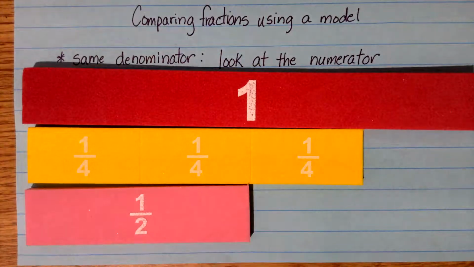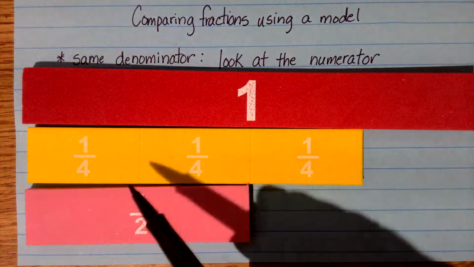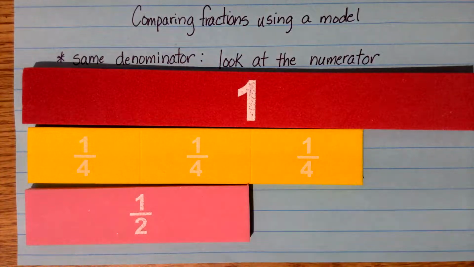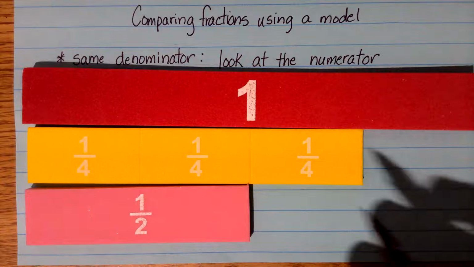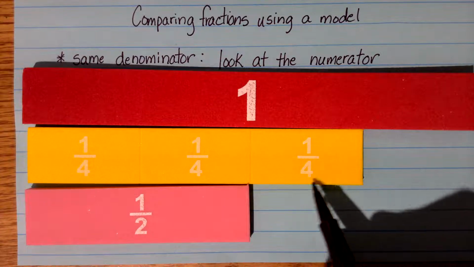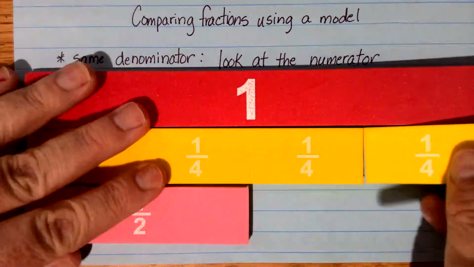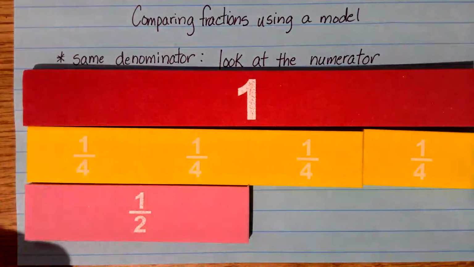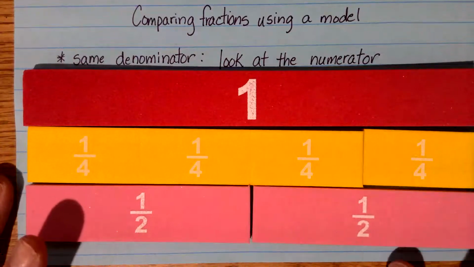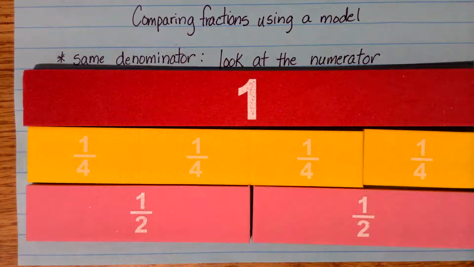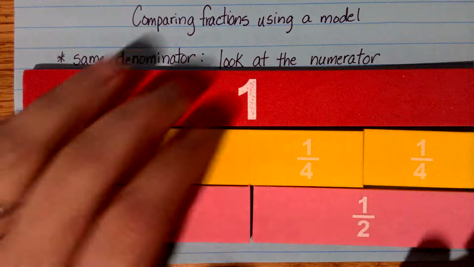When we look at that, 3/4 is greater than 1/2. Now, I need you to understand that this is not because of the 4 on the bottom. Look at the size of my pieces. As my denominator gets larger, my pieces get smaller.